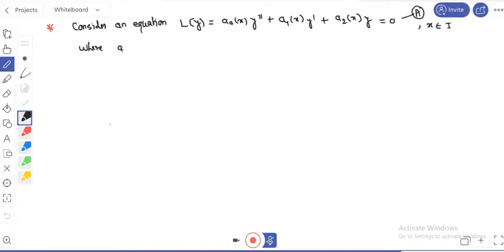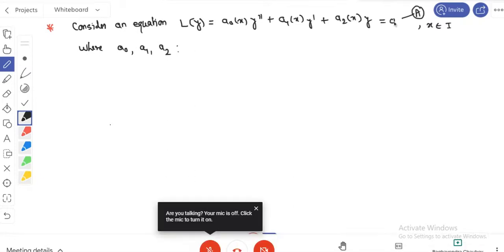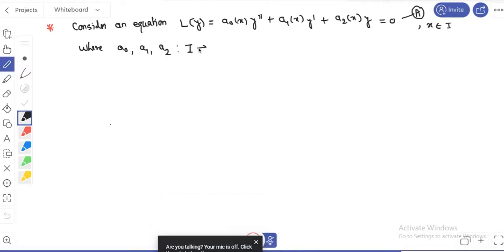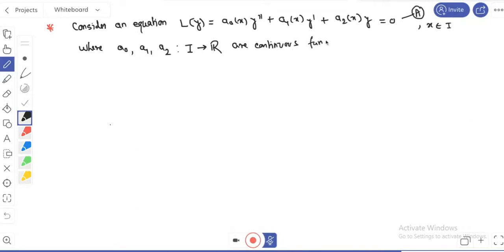This a0, a1, a2, all of these are continuous functions, mapping from that interval to R. And of course a0 is not equal to 0 in that domain, that is x belongs to the interval.